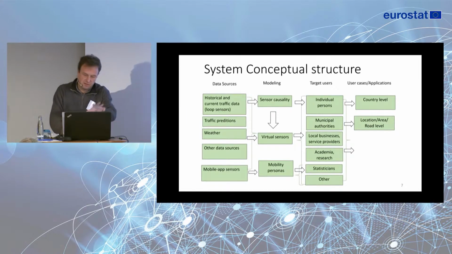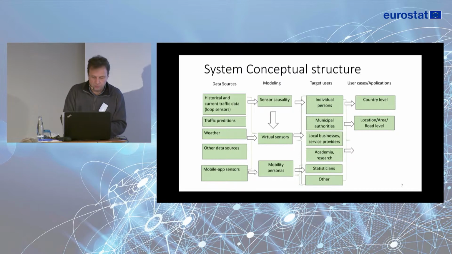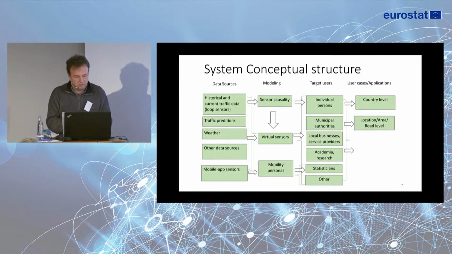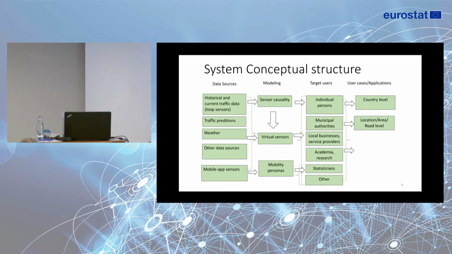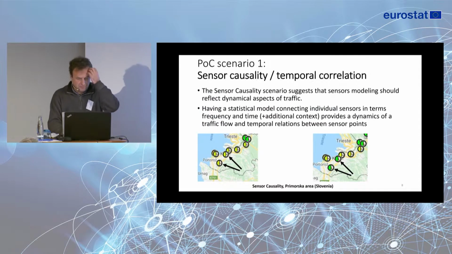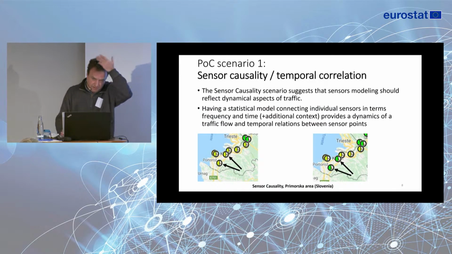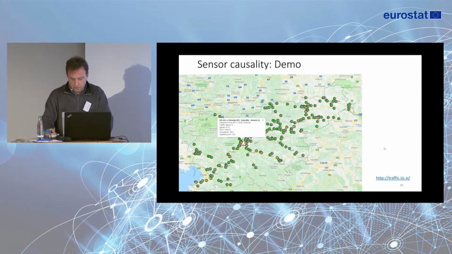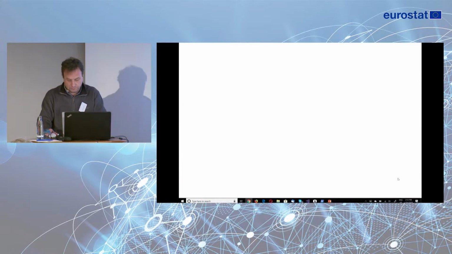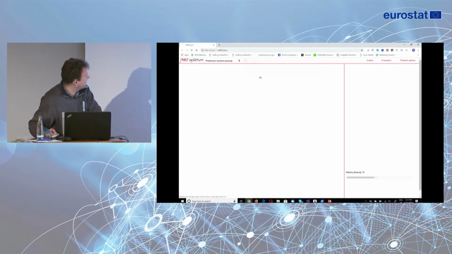Okay, this is the architecture of the system, which, again, we won't go too much into details. We have data sources, these three proof of concepts, and target users, and so on. Okay, let's go to the first one. So, sensor causality. So, let's say I'll show you an example of real sensors, right?